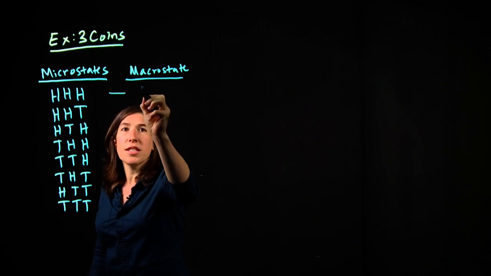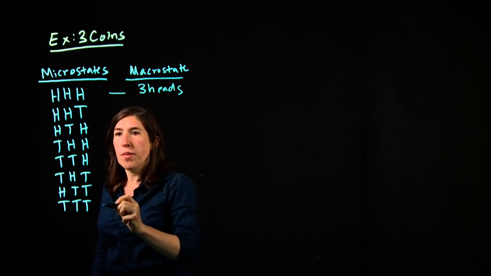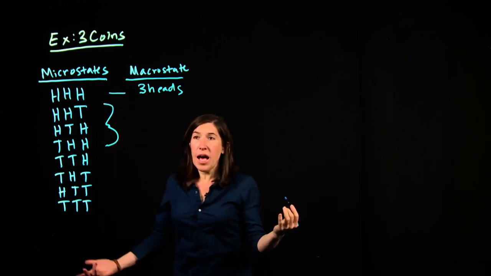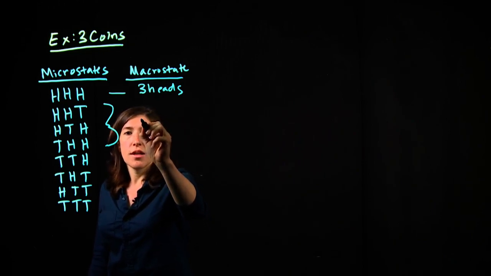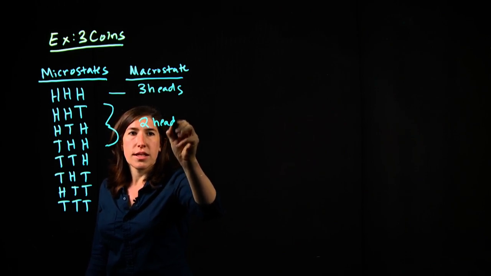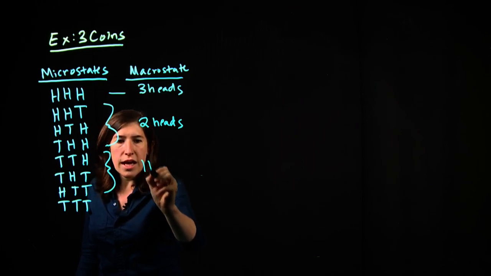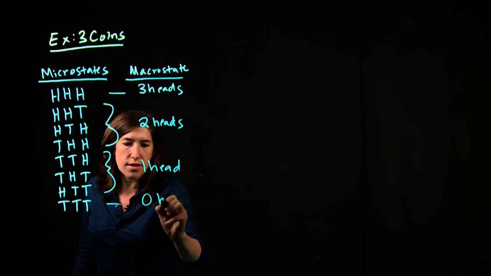So we'll see this first state is 3 heads. And then these next 3 states, they all have two heads, and so they all will have the same macrostate description. So these are all the two heads states. And then the next three are the one head states, and then the final one is 0 heads.